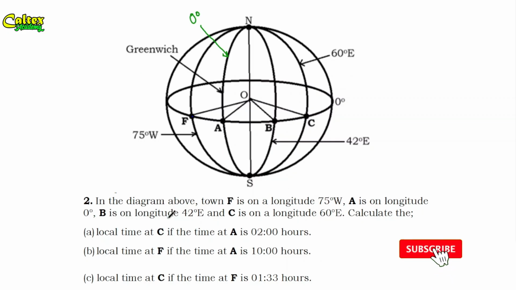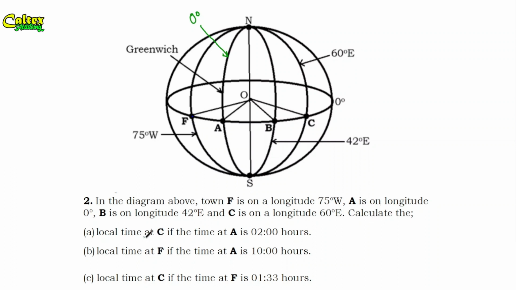B is on a longitude 42 degrees east. Now, this one is our B in the eastern hemisphere, as shown by the degrees here, 42 degrees east. And C is on a longitude 60 degrees east. So C is here, that is where the longitude is, and it is indicated here as 60 degrees east.